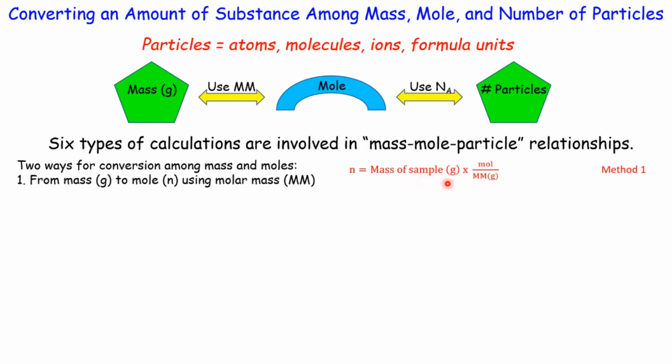You start with what you know, mass, grams, then doing the dimensional analysis, you are converting from gram to mole. So therefore gram, put it on bottom, that should be the molar mass, and then mole on top. That's it. We can call that method 1.